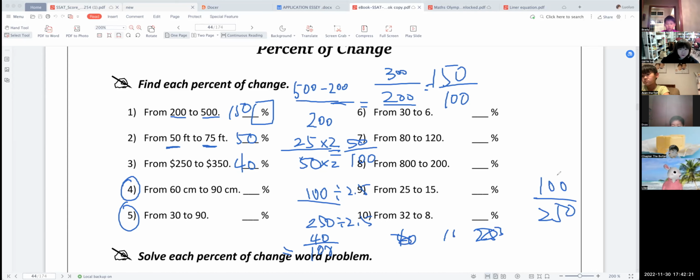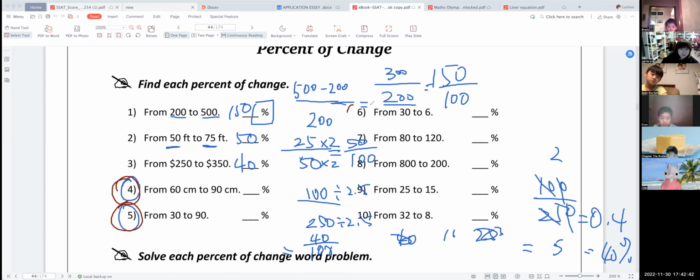There's another way of doing that: you can just simplify it, equals 2 over 5. Get it? So 2 over 5 equals 0.4, also equals 40%. It doesn't necessarily mean you must use my way. It's just different ways. The earlier way we have already learned, and this one I just want to give you a new way. So we're learning how to do 4, 5, 6, and 7. 4 questions. Okay, boys and girls, please, your turn.